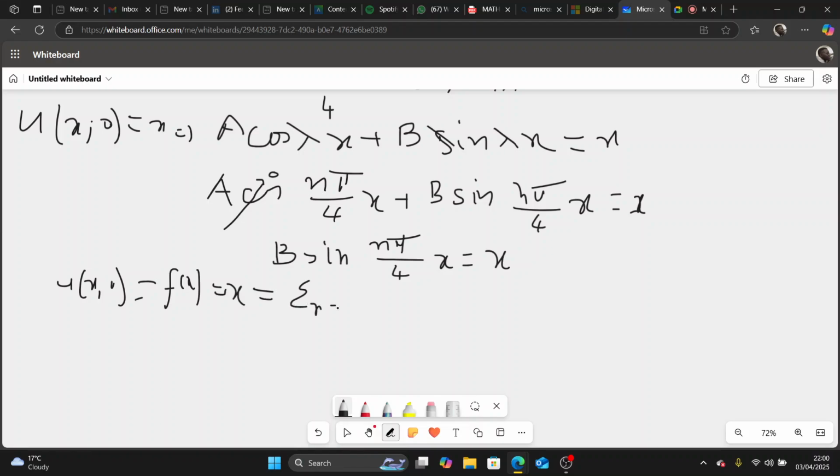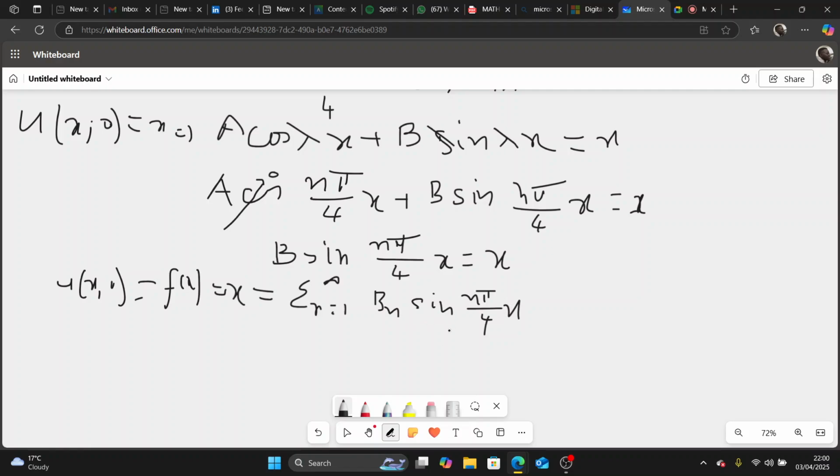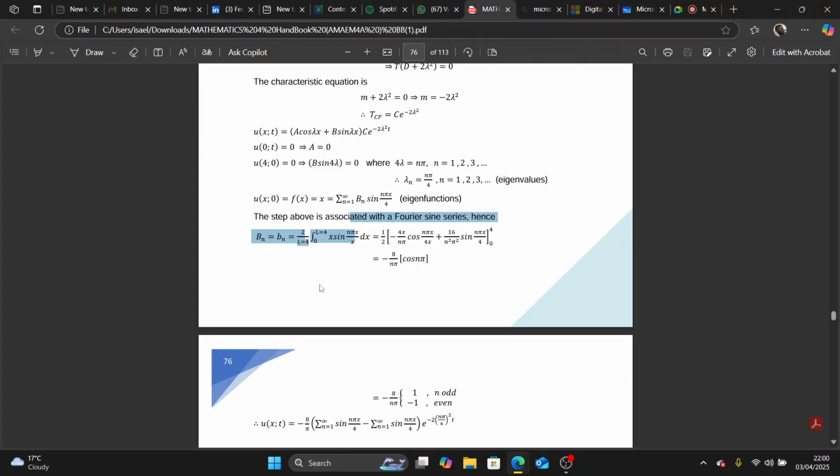The sum of n going from 1 to infinity of b_n sine(n pi over 4 x). Do you agree? Yes. That is what they got here. After writing this, which they call the equivalent function, for you to solve this, you need to use what we call Fourier series. And this is the formula of the Fourier series.